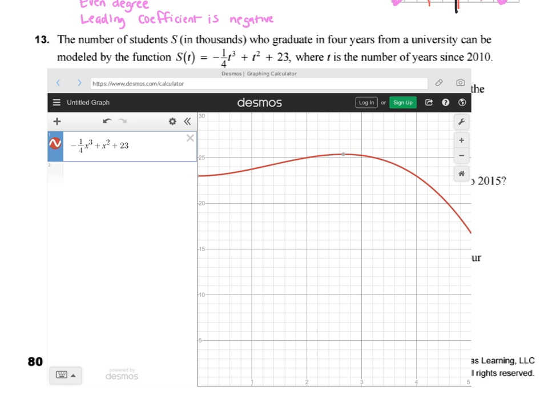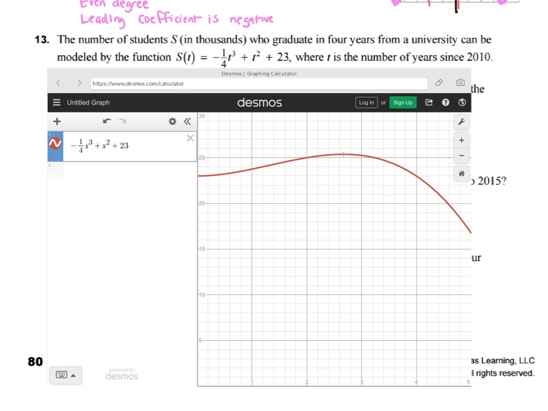Okay, so I went ahead and I graphed the function S of t on Desmos between the time 0 to 5. Okay, that's the interval that was given to you here. And as you can see, it looks like it falls on the left side.